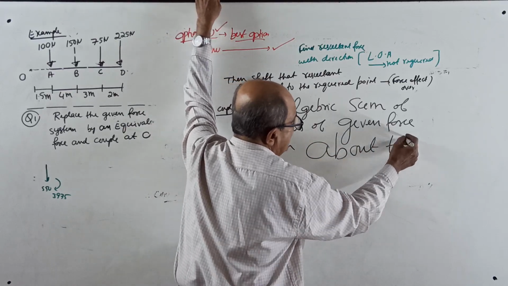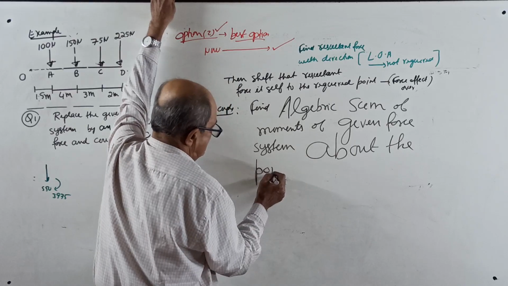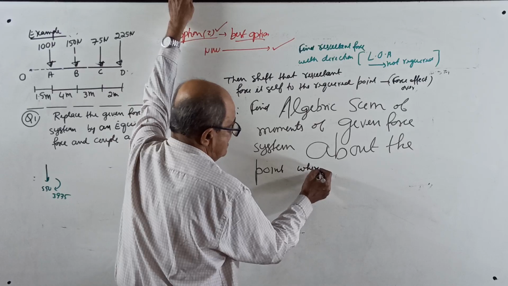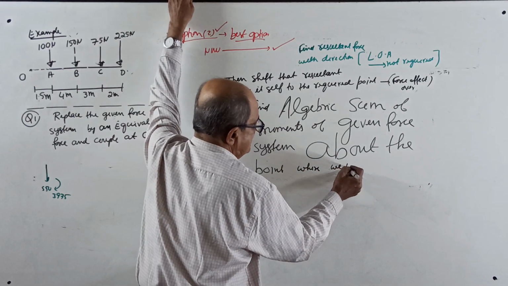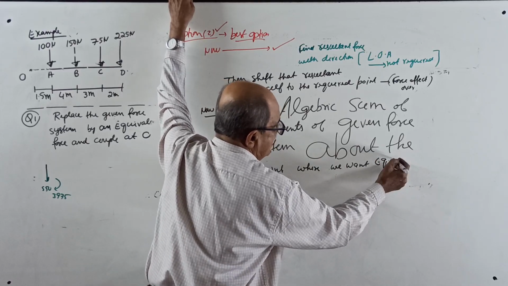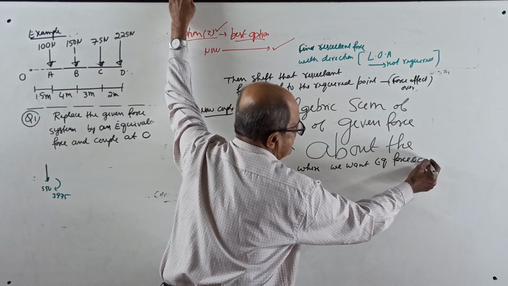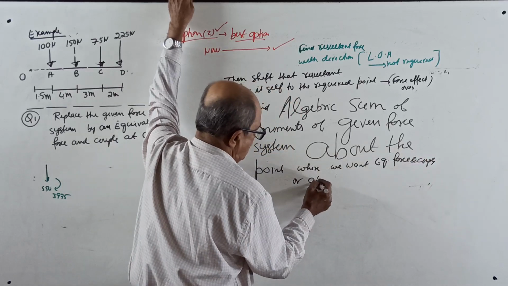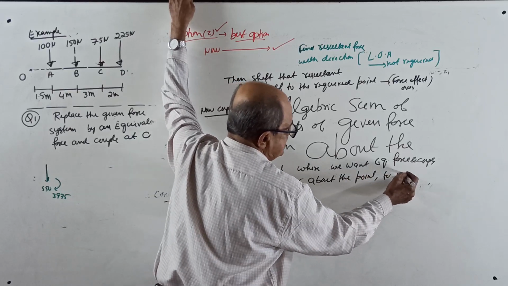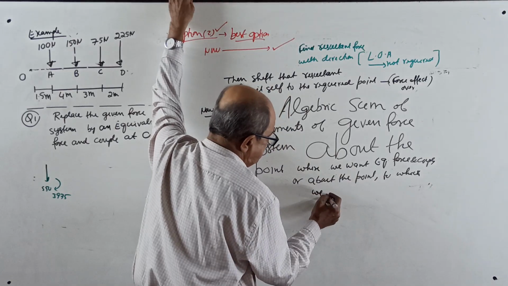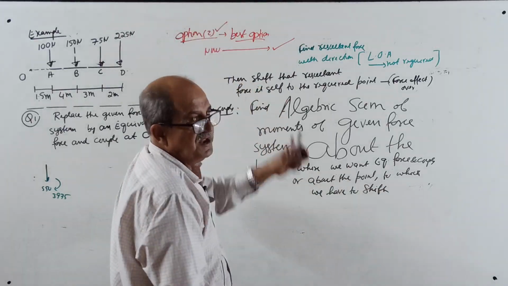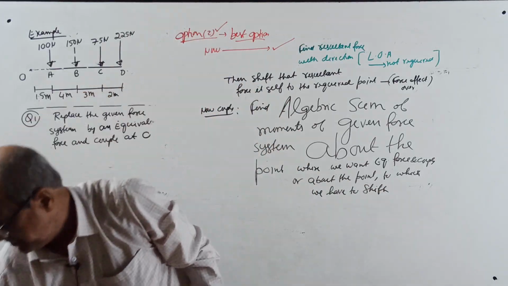See, I am writing big, about the point where we want the equivalent force and couple, or about the point to which we have to shift. Over. What shift? What I am telling all these days, shift the given force system. We have to shift. That's all.